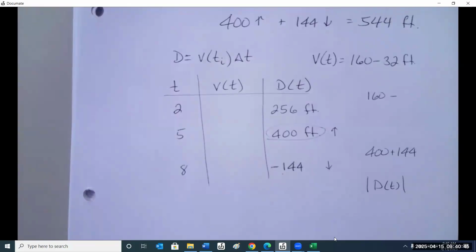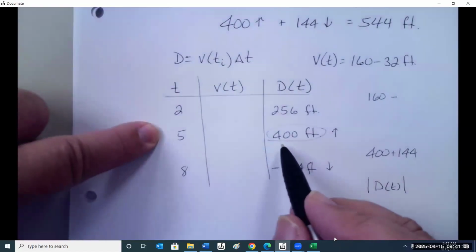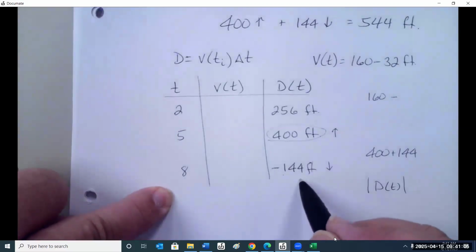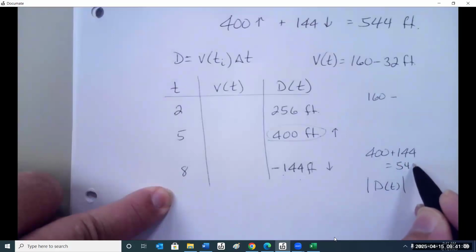Is it going up or is it going down? Is it going left or right? It's going down. So that's what it tells us. But the distance traveled is still 144 feet. Whether it's up or down, it doesn't matter. We're looking for the total distance. The total distance that went up after 5 seconds, and then it fell down this many. So the total distance it traveled was 544 feet.